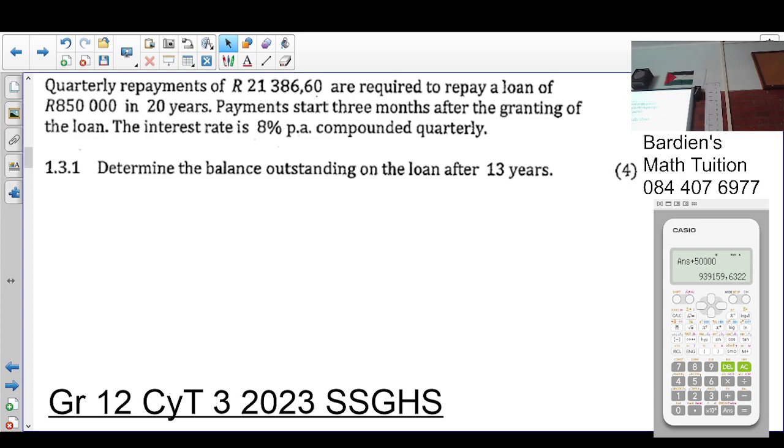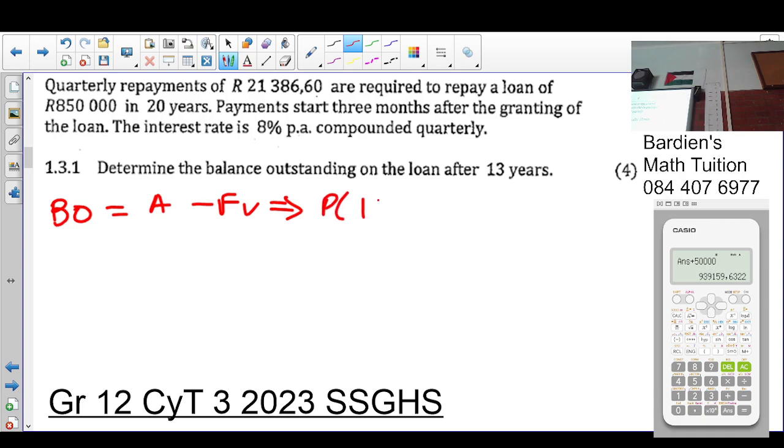Payment starts 3 months after granting of the loan. The interest rate is 8% per annum compounded quarterly. Determine the balance outstanding on the loan after 13 years. Simple. Balance outstanding is equal to A minus FV, which implies that you got P into (1 plus i) to the exponent n, minus x into ((1 plus i) to the n minus 1) all over i.